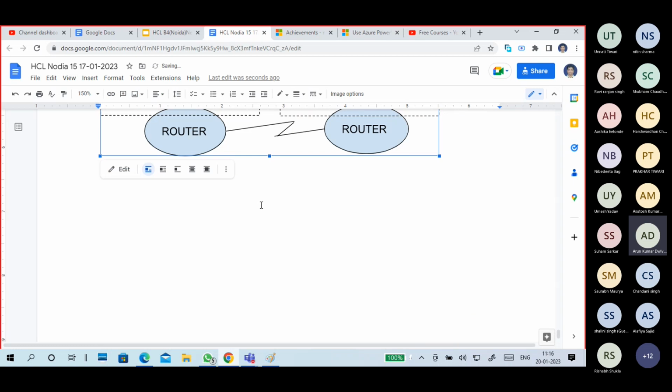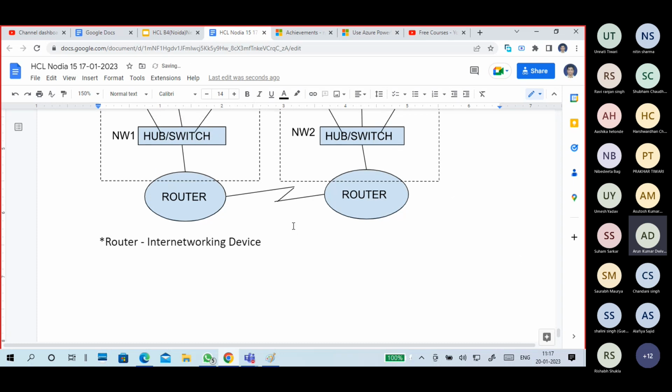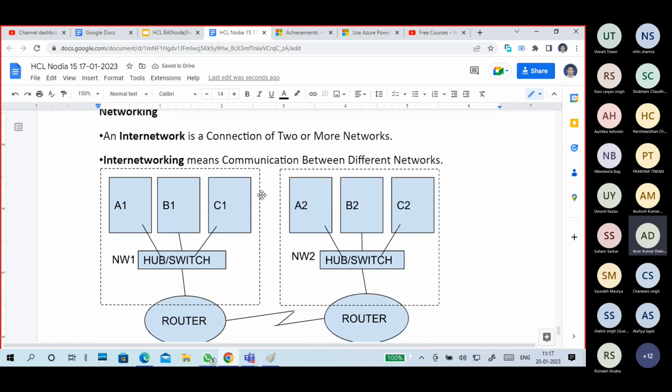So what I am trying to say, guys, is that here I use a router. What is this router? An internetworking device. The router is an internetworking device.